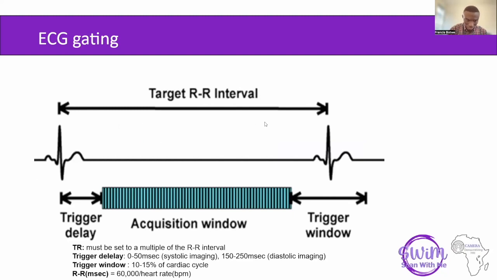So once we know that the trigger delay is just between 0 to 50 milliseconds, if we are able to calculate our TR, we can subtract that, and we know that that's the systolic zone. So once we are able to feed our computer with a trigger delay and the correct TR, we should be able to acquire our images just around the acquisition window.